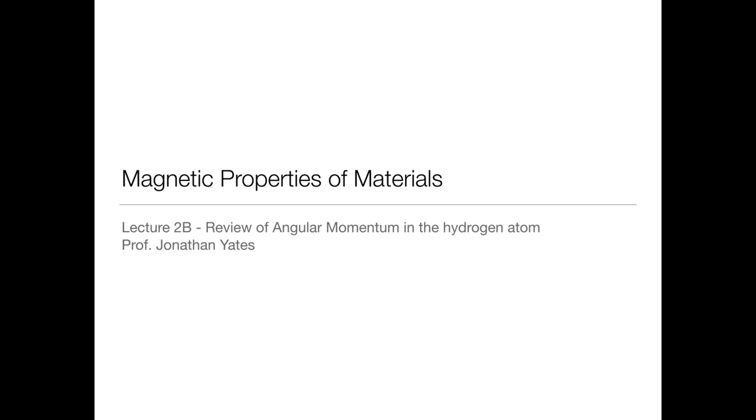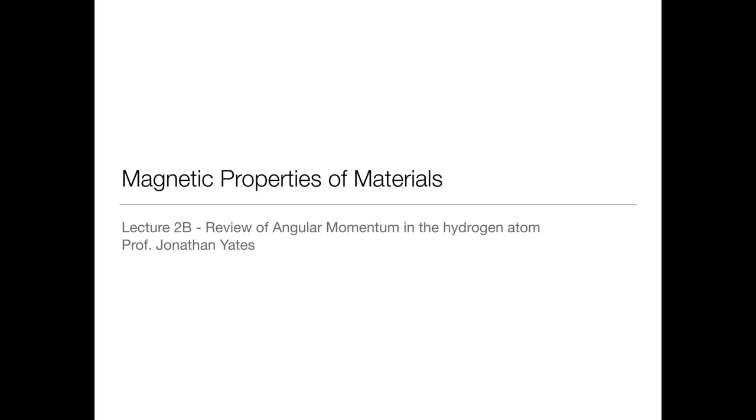But to understand paramagnetic materials with a positive susceptibility, it seems that we need to have a material that's comprised of atoms which have a magnetic moment in their ground state.